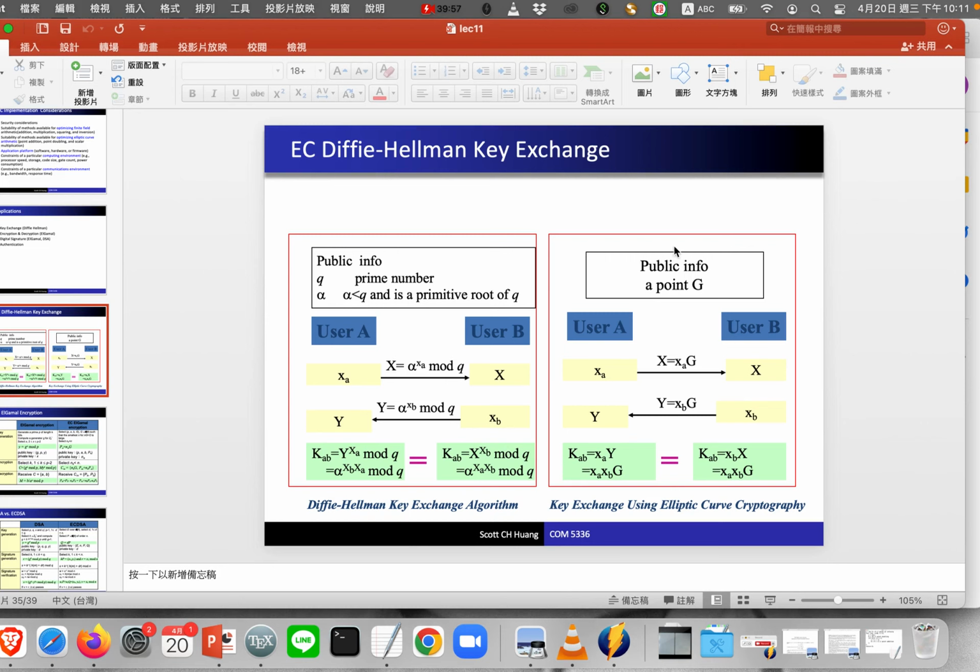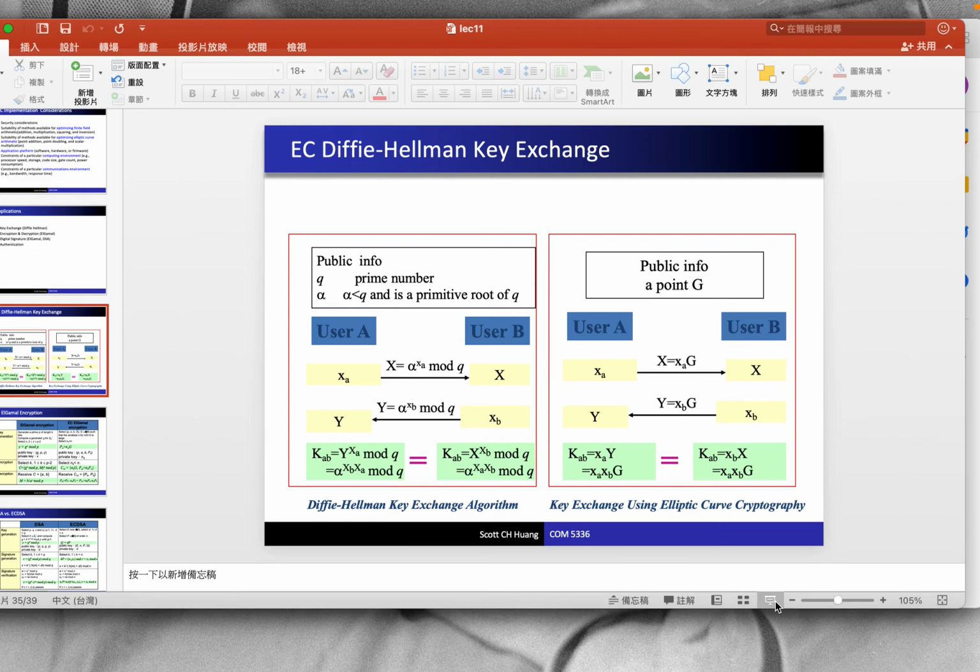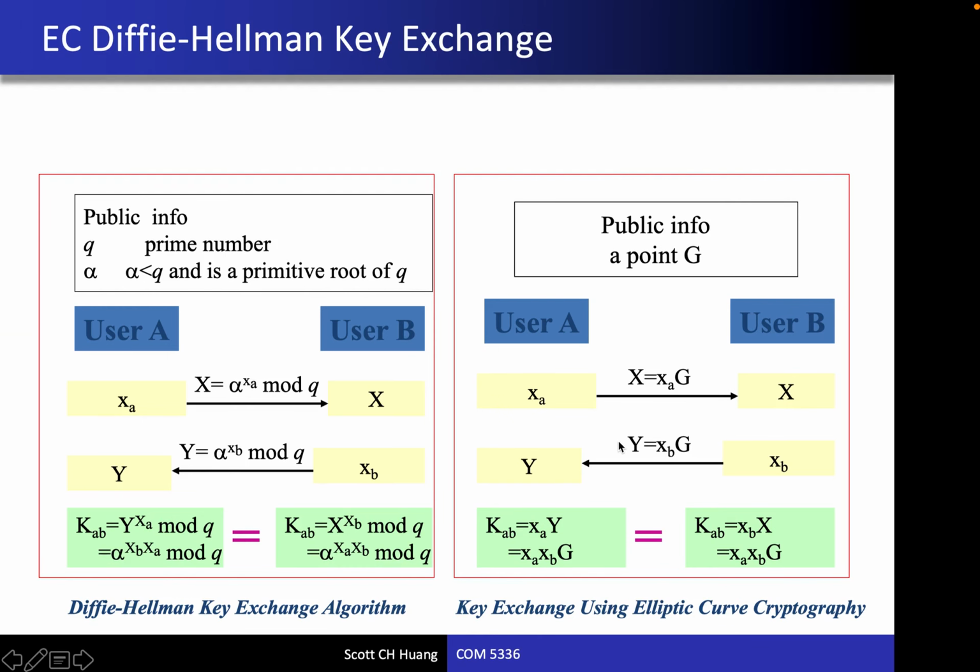So that's public information. Now, Alice chooses an integer xa. That's the same. Bob chooses an integer xb. That's also the same. And then Alice calculates this big X, which is a point on a curve. Okay, so uppercase is always a point on a curve. Lowercase, integers.